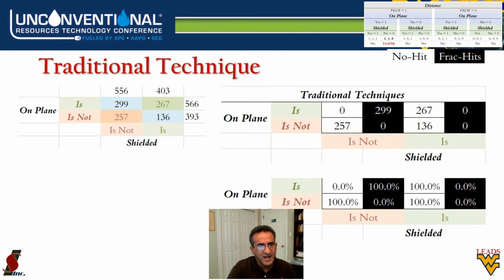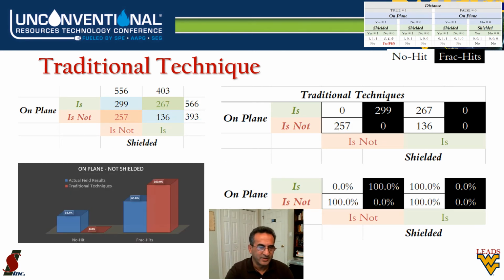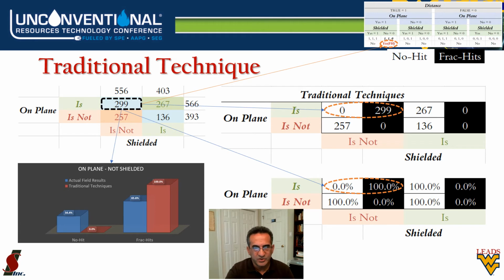And here is the actual one, the one that happens the most, and that is when it is on plane but it's not shielded. And as you can see, in reality we have 66% FracHit, whereas the traditional technique says 100% of them are going to have FracHit, but in reality 35% of them are not going to get FracHit, and again it says 0% here.